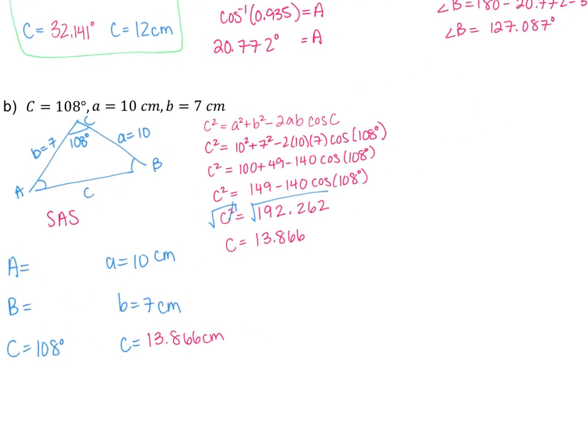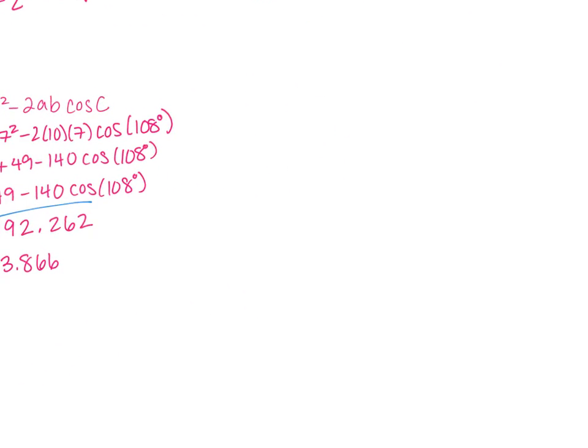We need side c, which was 13.866, and we're putting this over sine of 108. This is equal to our b ratio. b was 7 centimeters, and the angle we have not found. So we're going to try to find angle B.